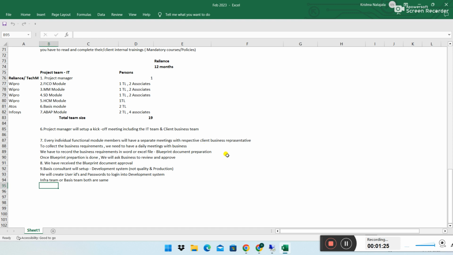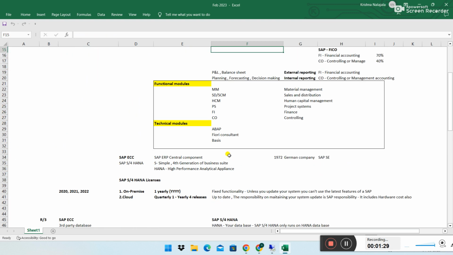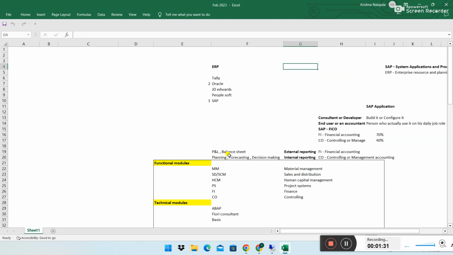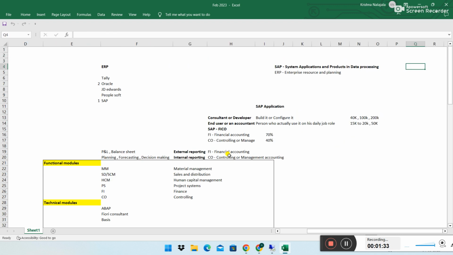Let's go back and see. We started here, right? We spent a lot of time and we discussed it. FI module is for your external reporting, P&L and balance sheet.